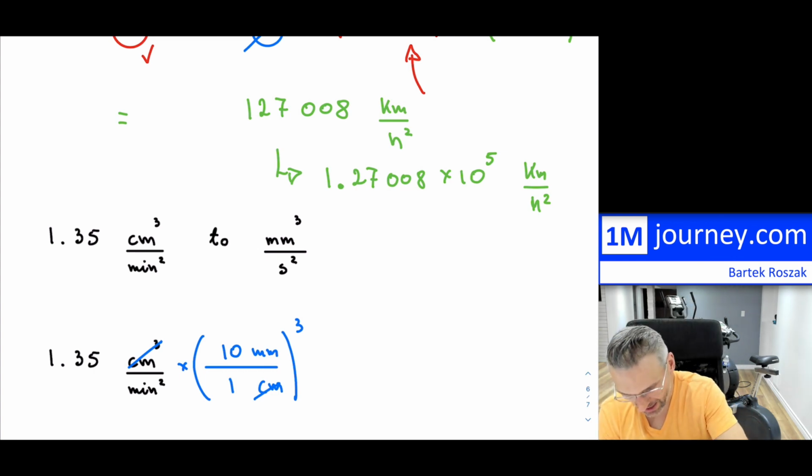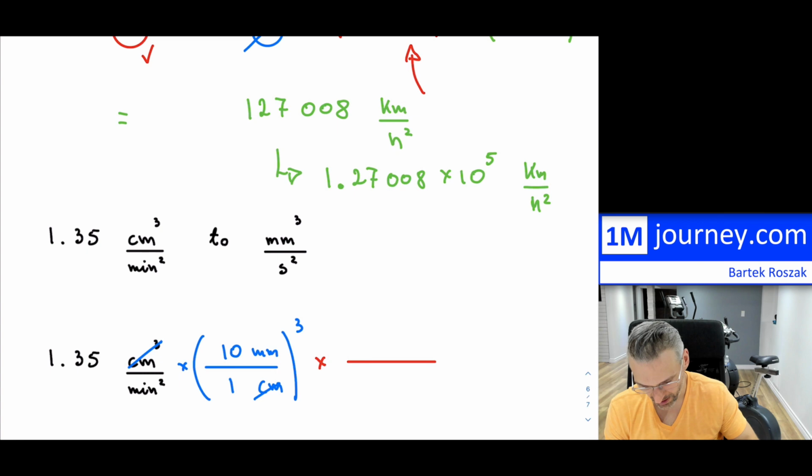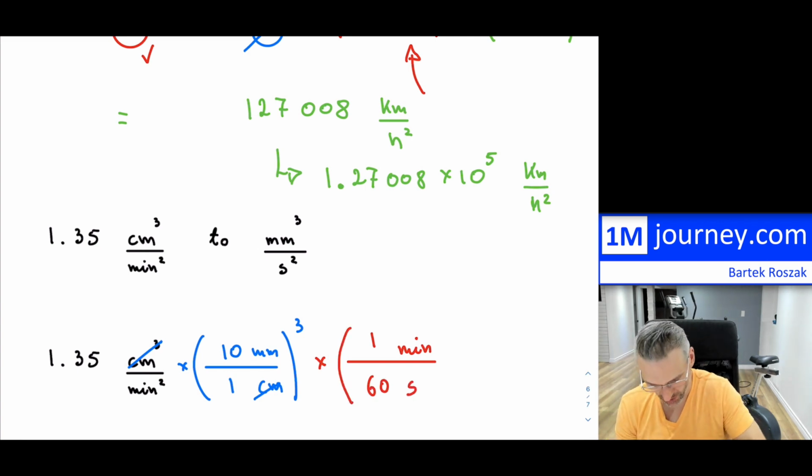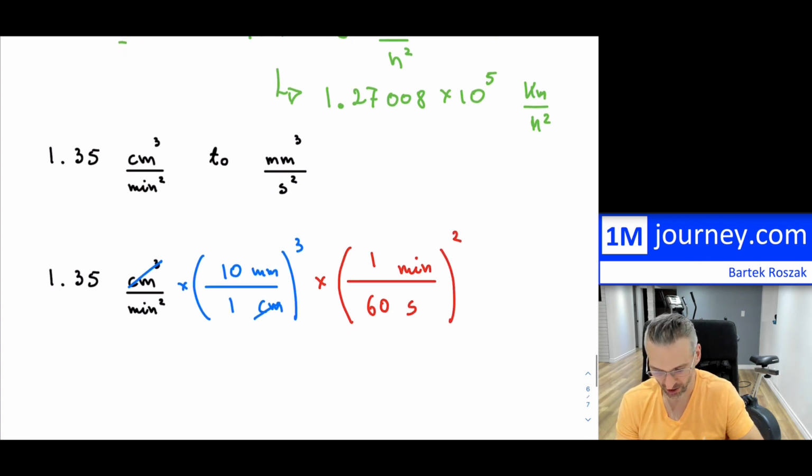Now, the next item that I have, so that's fine. Now, in the denominator, minutes, so I want to get rid of minutes, and I want to have seconds. Well, 1 minute equals 60 seconds, but it's squared. So I have to square this throughout as I go through.